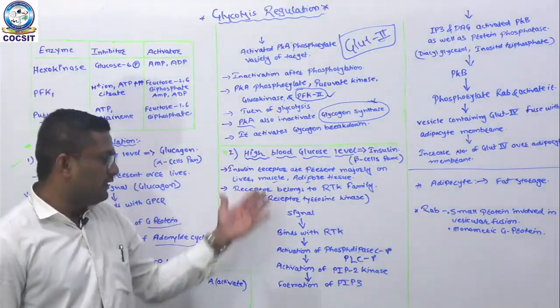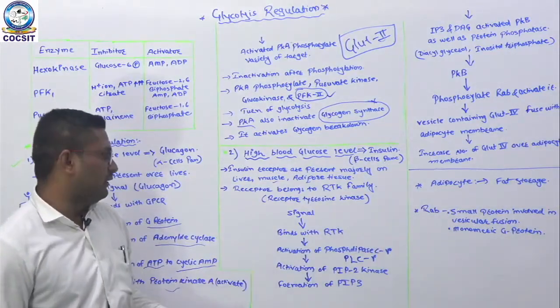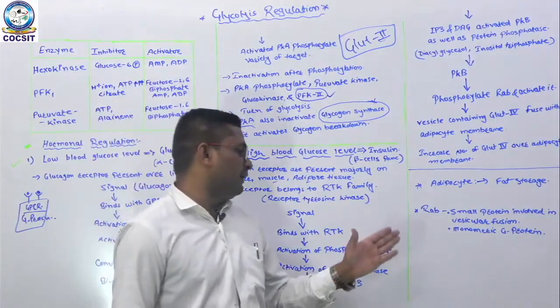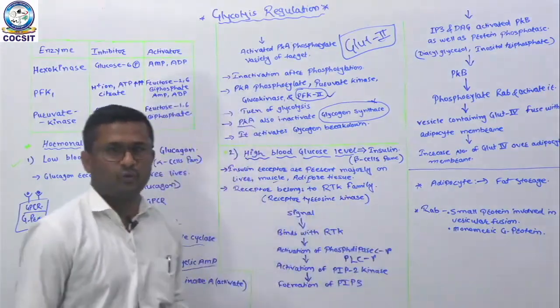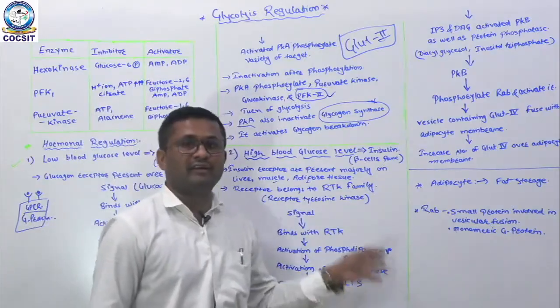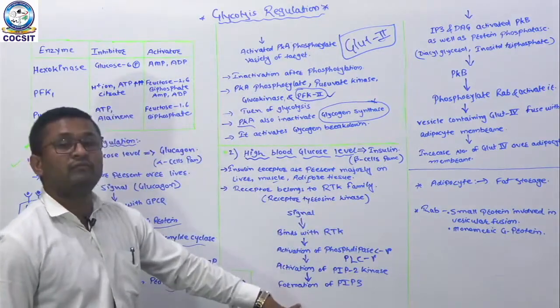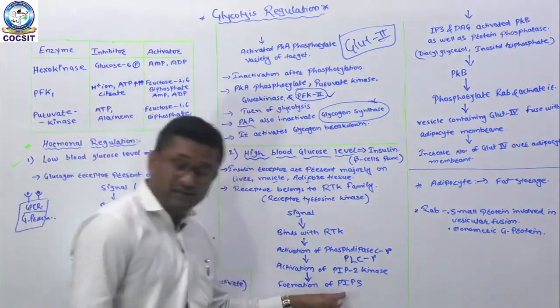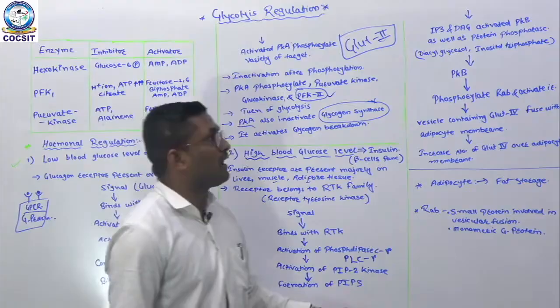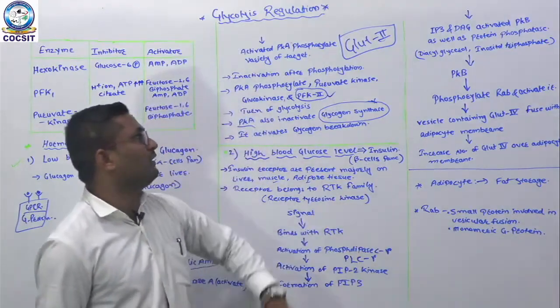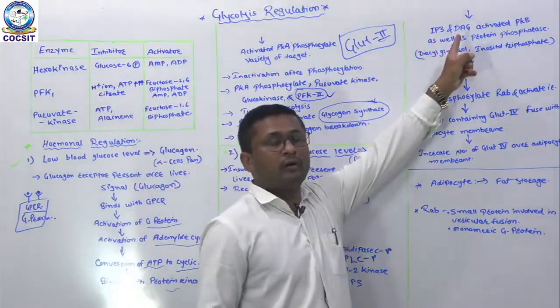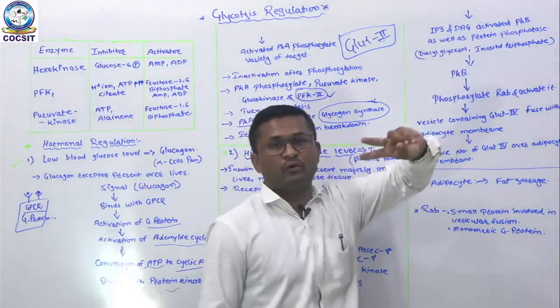Okay, this PLC gamma when activated, it will activate the PIP2 kinase. Okay, PIP2 kinase enzyme will get activated, then it will form the PIP3, which will lead to the formation of the IP3 and DAG molecules.